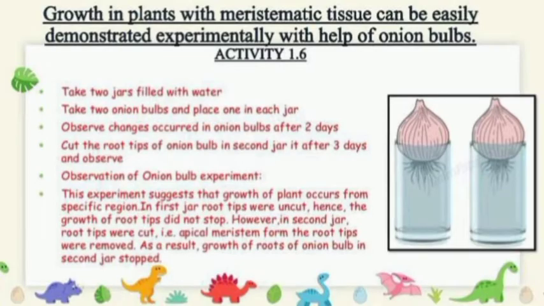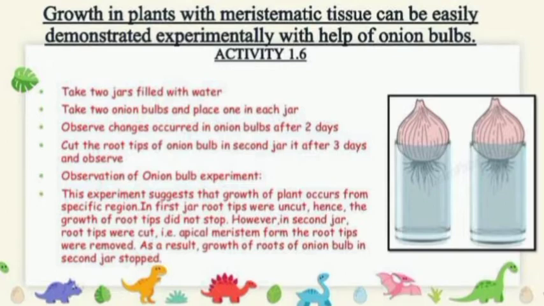Now here is an activity through which we can see the growth in plants with meristematic tissue can be easily demonstrated experimentally with the help of onion bulbs. So in this activity we take two jars and both of them are filled with water. Take two onion bulbs and place one in each jar.